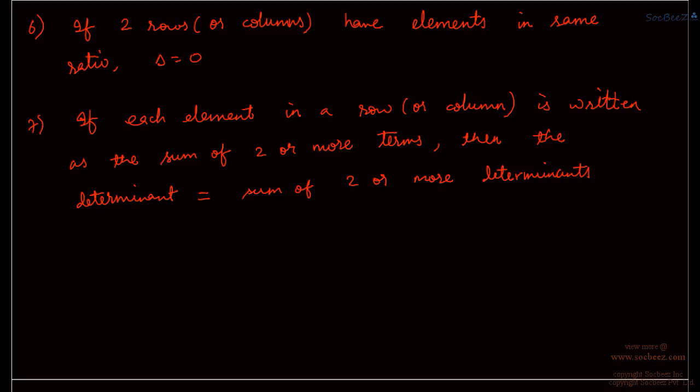If each element in a row or column is written as the sum of two or more terms, then the determinant is equal to the sum of two or more determinants, right?